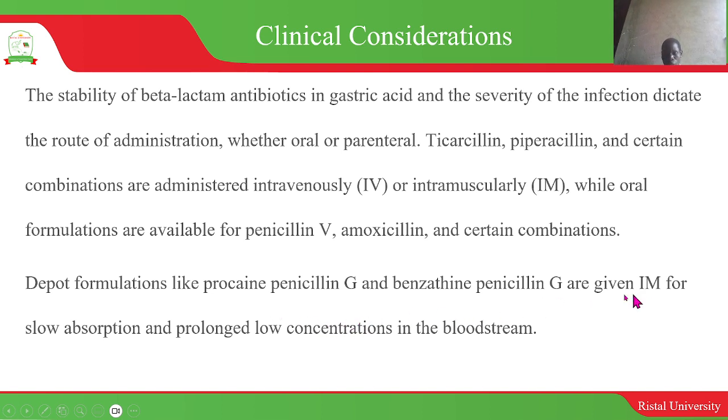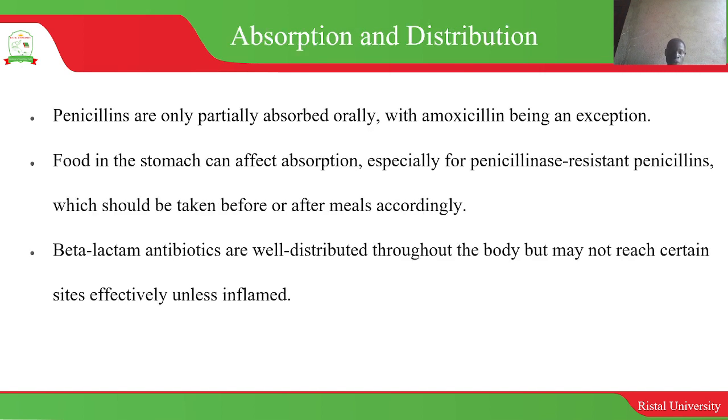For example, benzathine penicillin is really modified. It is a penicillin that has the longest half-life, where we only give it once a week, meaning by the time you give the second dose within the week, we still have a certain good level of it in the bloodstream. So it is really one of the long-acting penicillins.